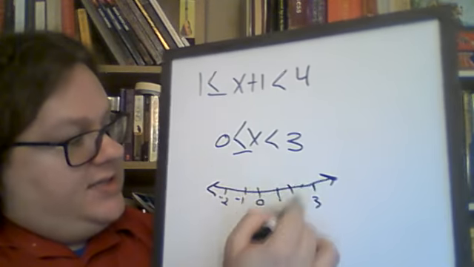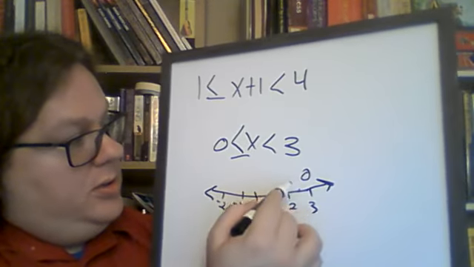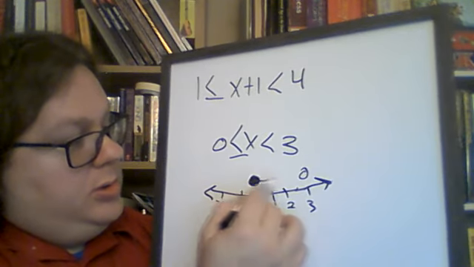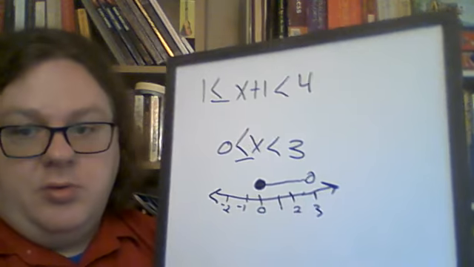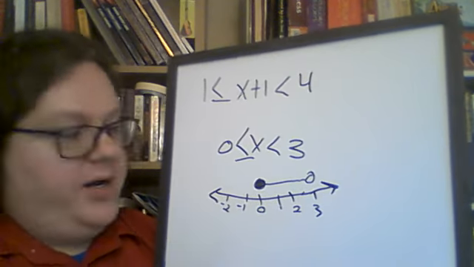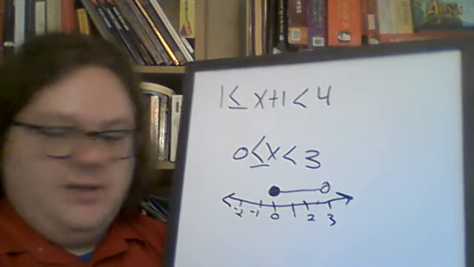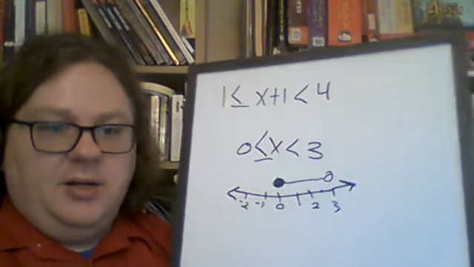If x is less than 3, boop, but is greater than or equal to 0, boop, then there we go. That's what it looks like. I know the number line is curvy. Ignore that. I'm not perfect. Not yet.